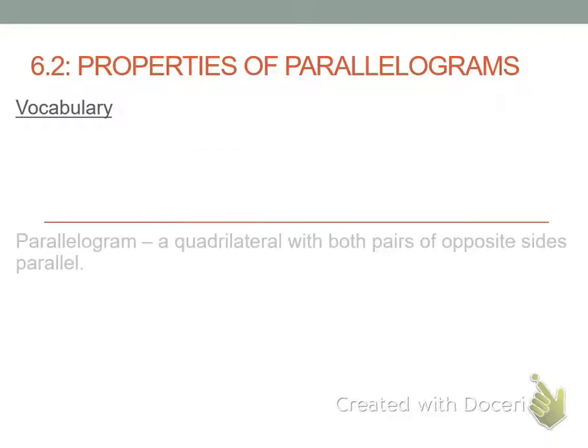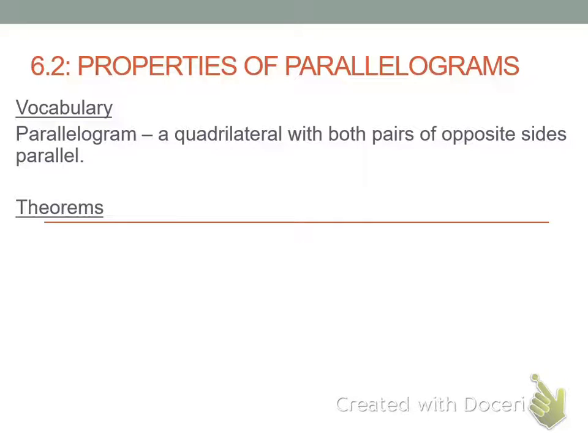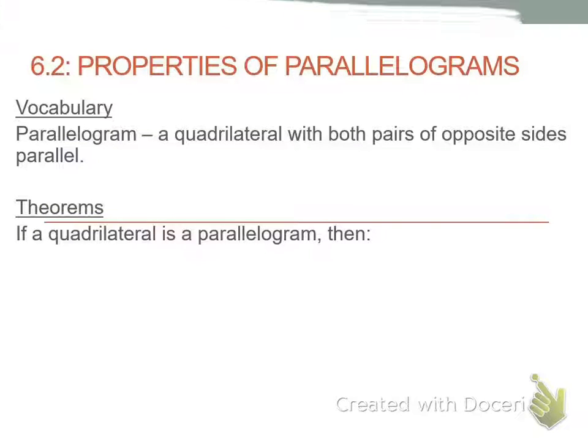I think this is one of those ones that doesn't have the objective written, so I'll add an objective up at the top for us. Our objective is simply to use properties of parallelograms.